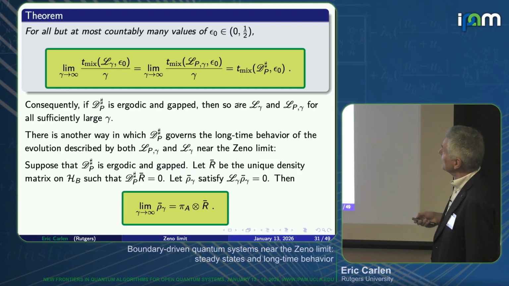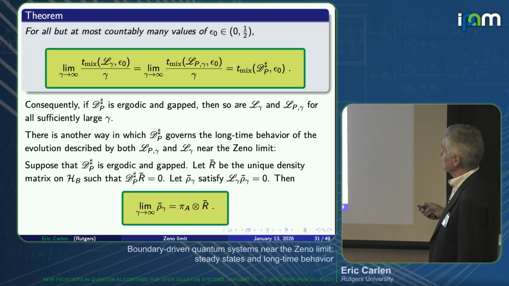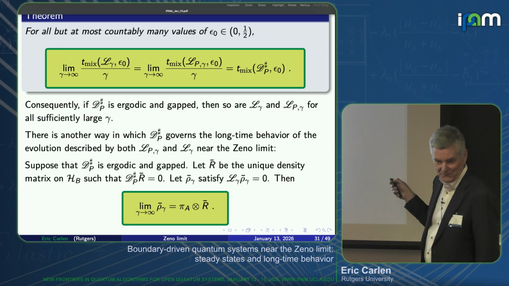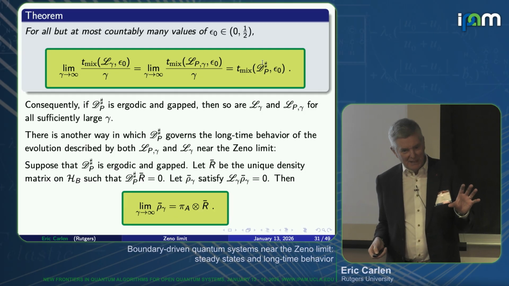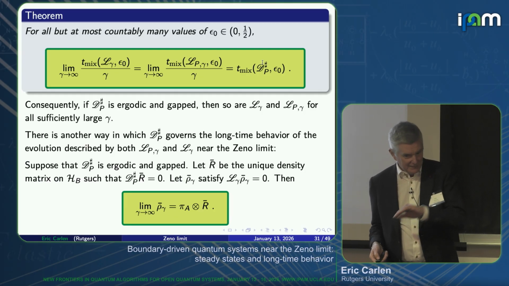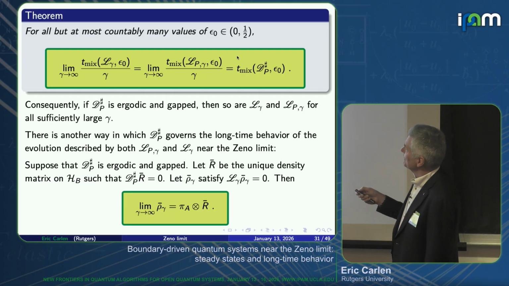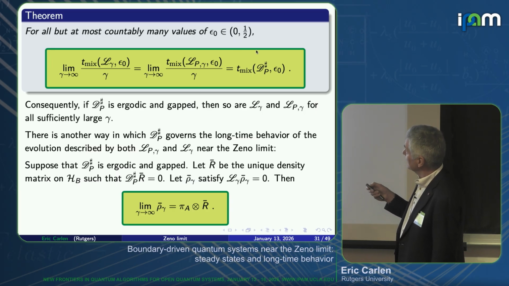For all but at most countably many values of epsilon 0, the mixing times are related by this. Okay? So this doesn't have a gamma in it. So if you can compute the mixing time of that and find out that it's finite, then these times, of course, live on a different time scale, right? So you'd expect this gamma to be down here. But this T mix of this thing divided by gamma is close to that.